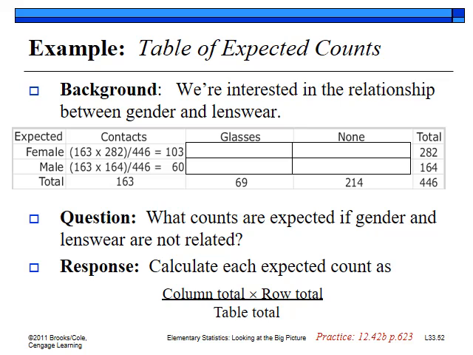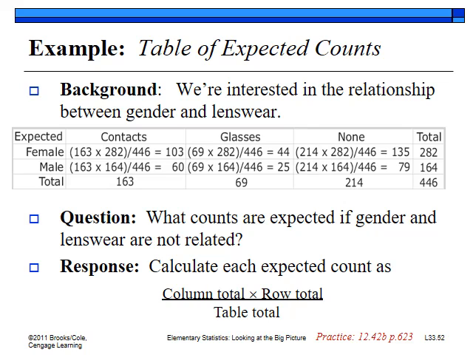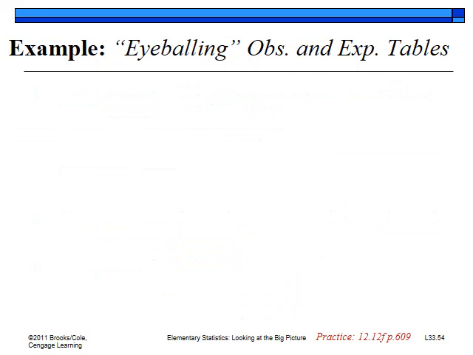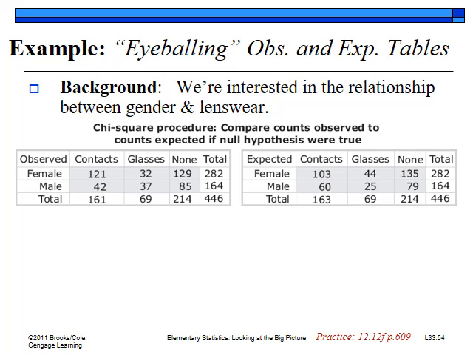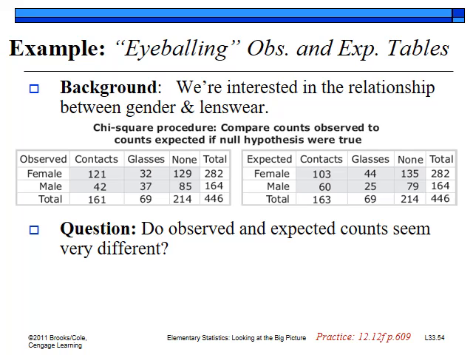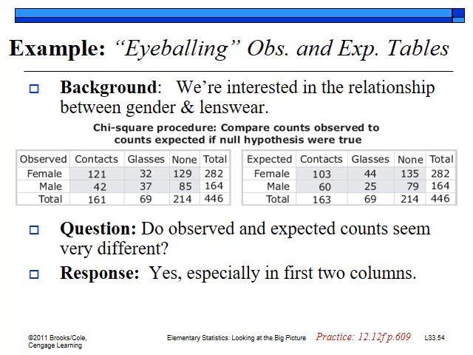For male contact wearers, that would be 60, and so forth. So now let's take a look at these side by side. Do you see big differences? Well, in some places, especially the first two columns where we noted the differences before.